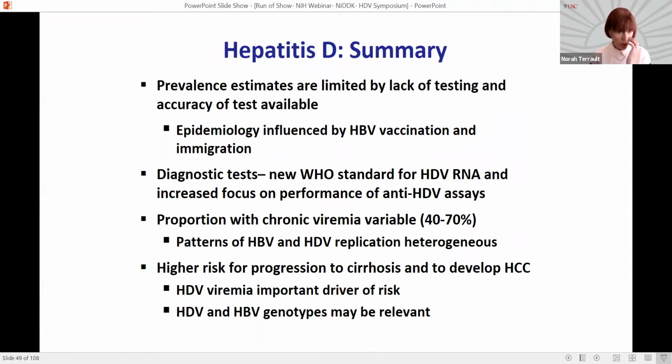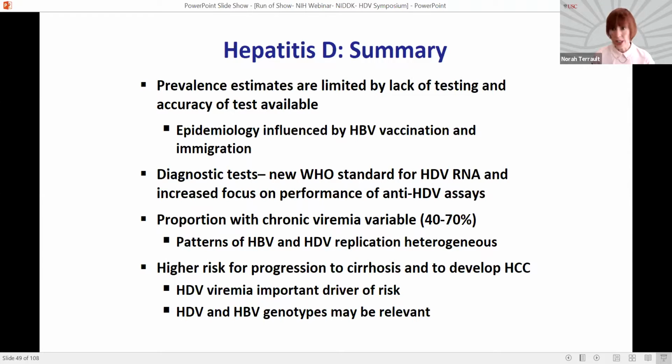Next slide. So just to conclude in terms of the epidemiology and clinical features, I've shared with you that the prevalence estimates are limited, I think, in terms of their interpretation, based on lack of testing, who's been tested, as well as our ability to generalize what one population offers in terms of prevalence to that of the entire country, for example.